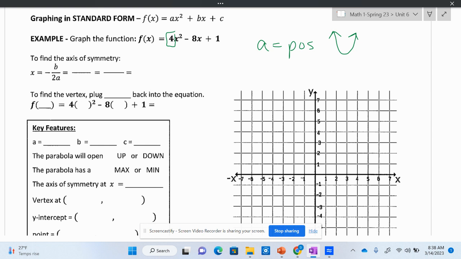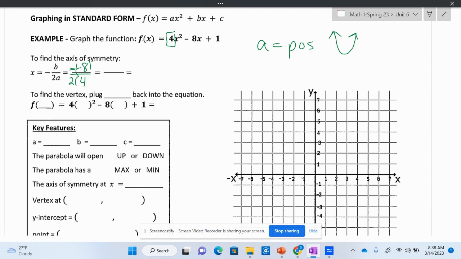Okay. So let's calculate, first of all, the axis of symmetry. That's going to be our imaginary fold line. The axis of symmetry is the negative of b, so the negative of -8, over 2 times a, which is 2 times 4.